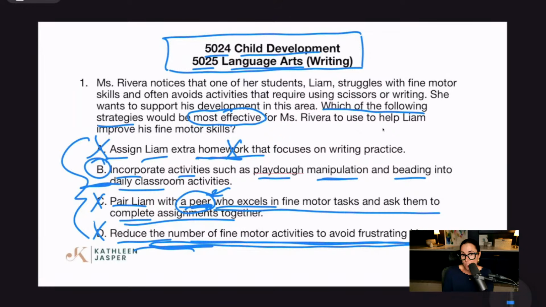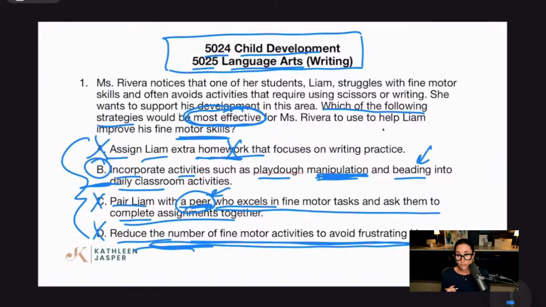Hey, I might do that as well in the classroom, right? But we're looking for the most effective, and manipulation, multisensory are good words on the exam. And we have fine motor skills as another key word here. And so beading and Play-Doh, holding a pencil, those are fine motor skills, those small little skills that they have in the fingers and the wrists.